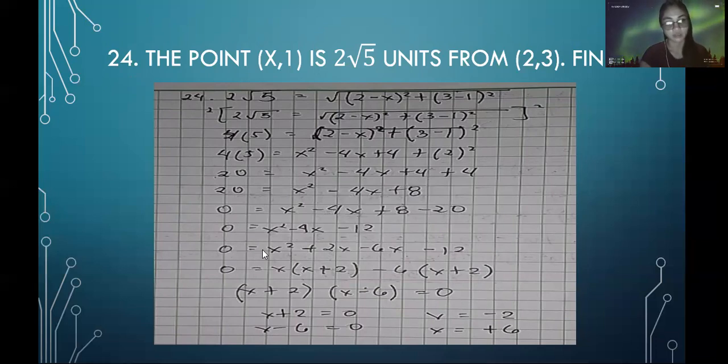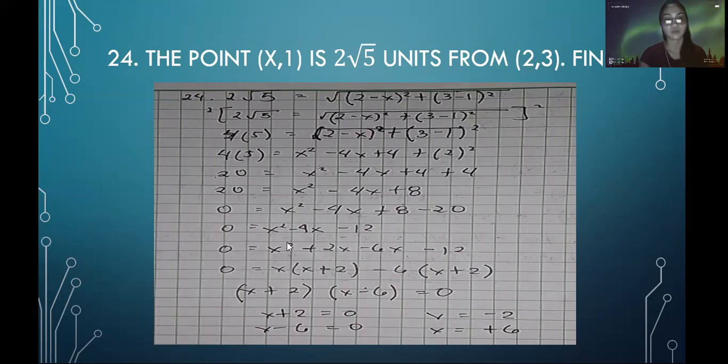So 0 is equal to x squared plus... sorry. After this, we are to find the difference of negative 4x. So that is positive 2 and negative 6. So 0 is equal to x squared plus 2x minus 6x minus 12.